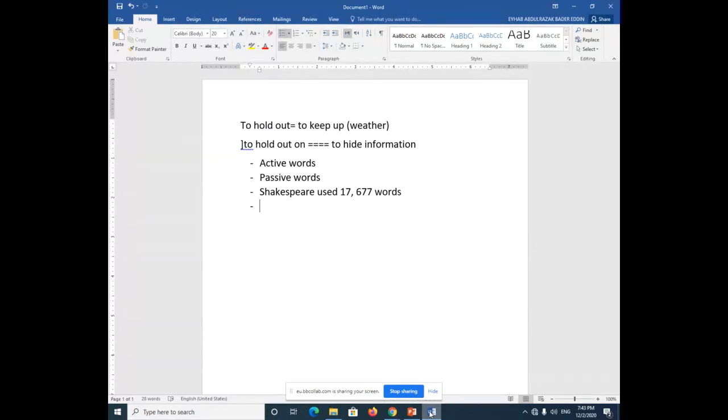What is interesting here is that one tenth of this number had never been used before, or he was the person who first coined these words. Some of these words are like leapfrog or castigate. I mean to tell someone off, يوبخ or يؤنب someone. Okay.